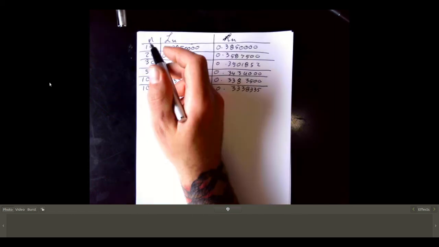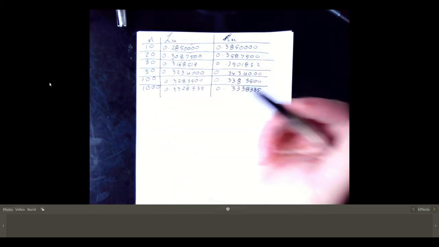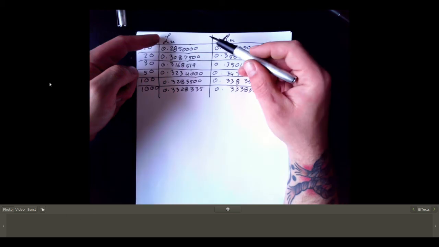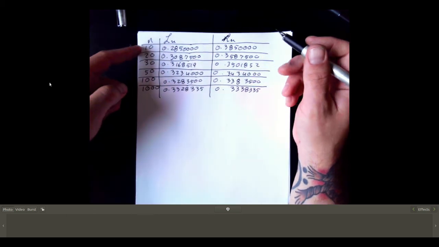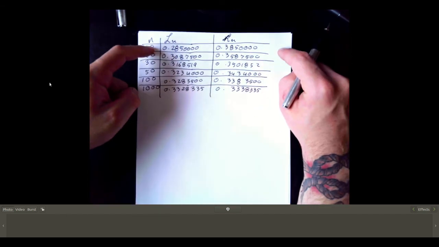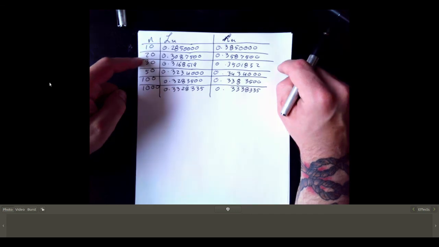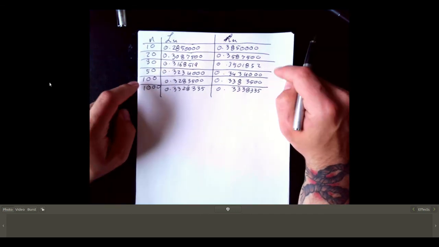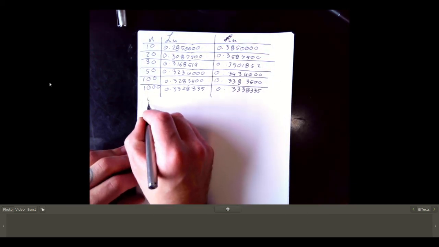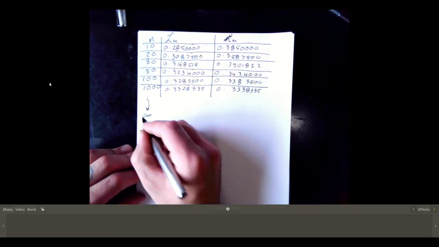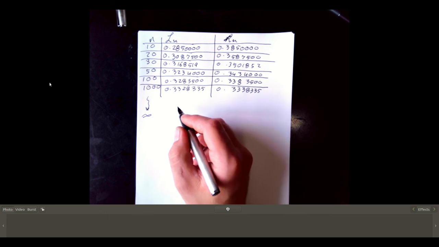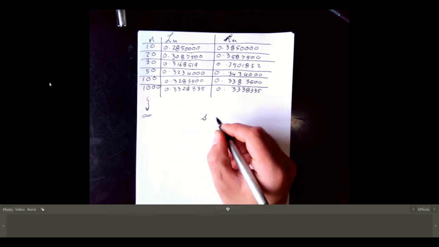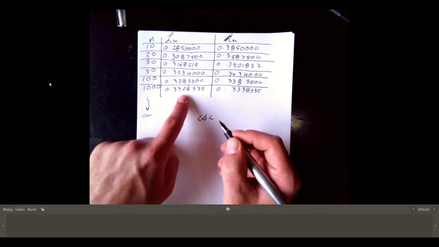So as we let the value of n get large, look at what happens to the value of L sub n and R sub n. When n is equal to 10, this is where we're at. N is equal to 20, 30, 50, 100, 1,000. And if we were to let n tend to infinity, we're going to assume that the true value of S is somewhere in between these two values.